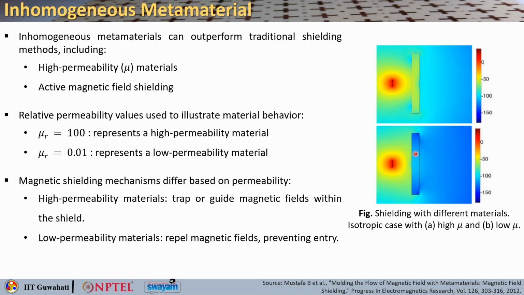In the case of low permeability material, it does not allow any magnetic field to enter, and that repels the magnetic field. So, that is also another kind of shielding. So, you can have magnetic field shielding by materials with different permeability working on different principles.